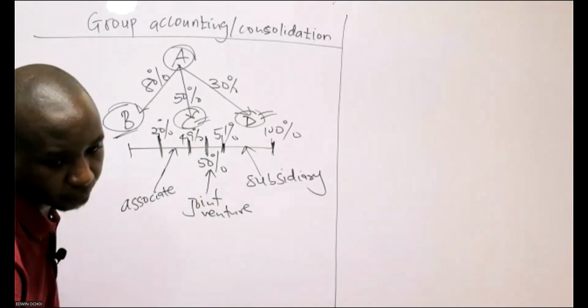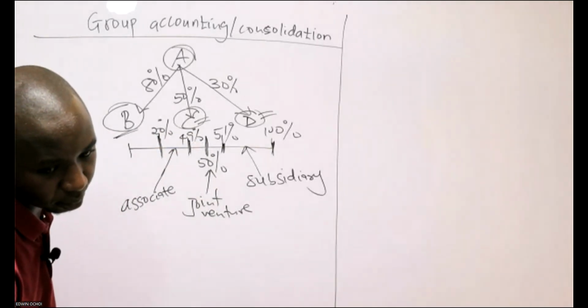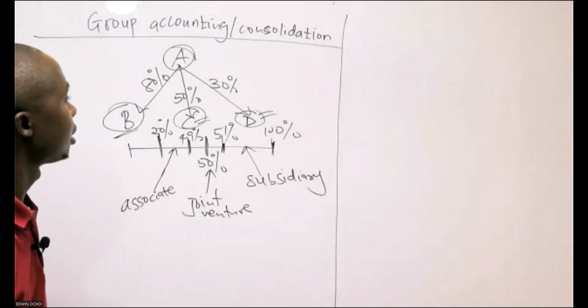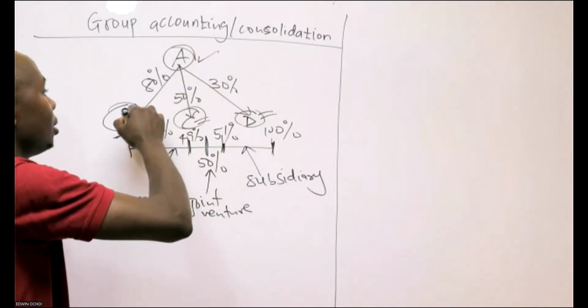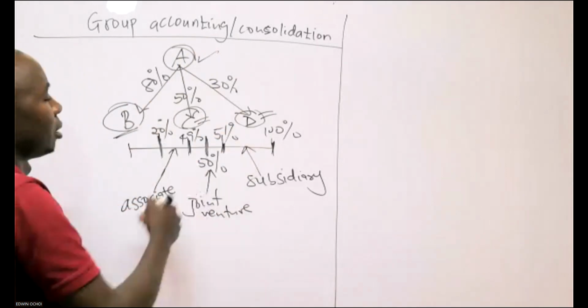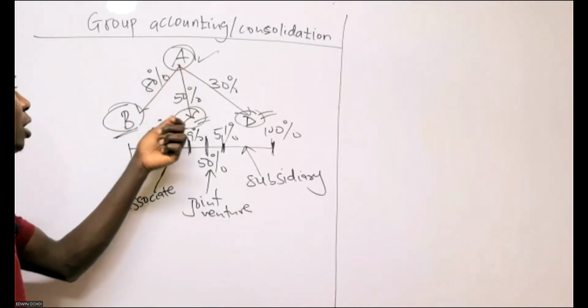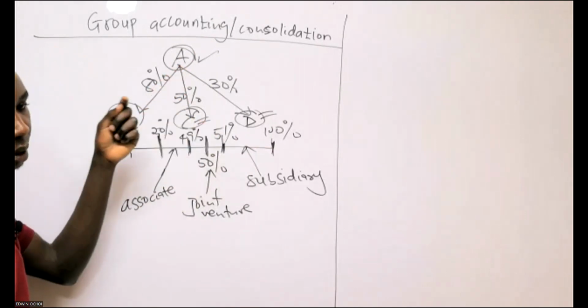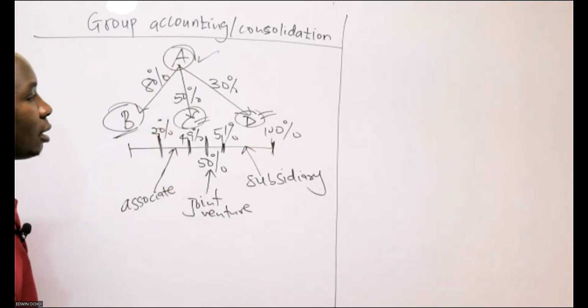Remember that in an exam scenario, you would be given statements of A, which is the acquirer, and B, C, and D. In this scenario, A must report on the operations of the acquired companies, that is B, C, and D, as if they belong under one economic entity.